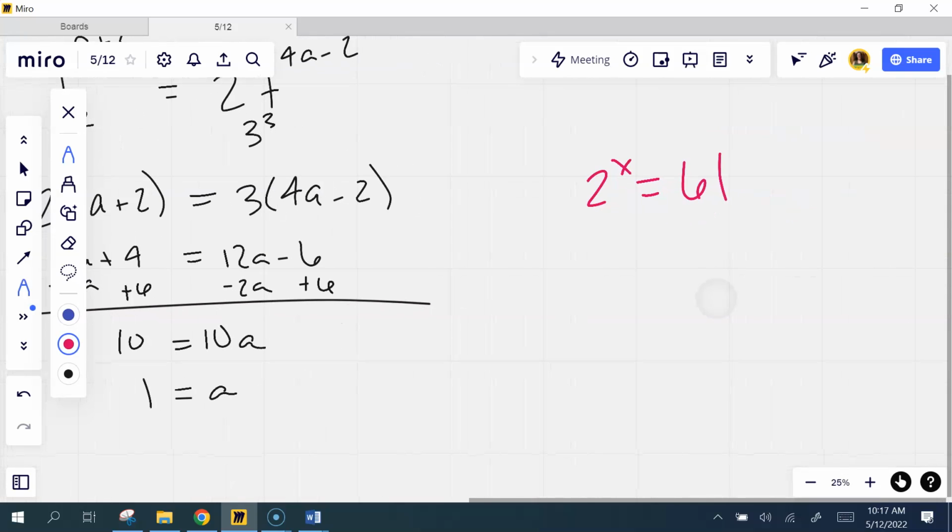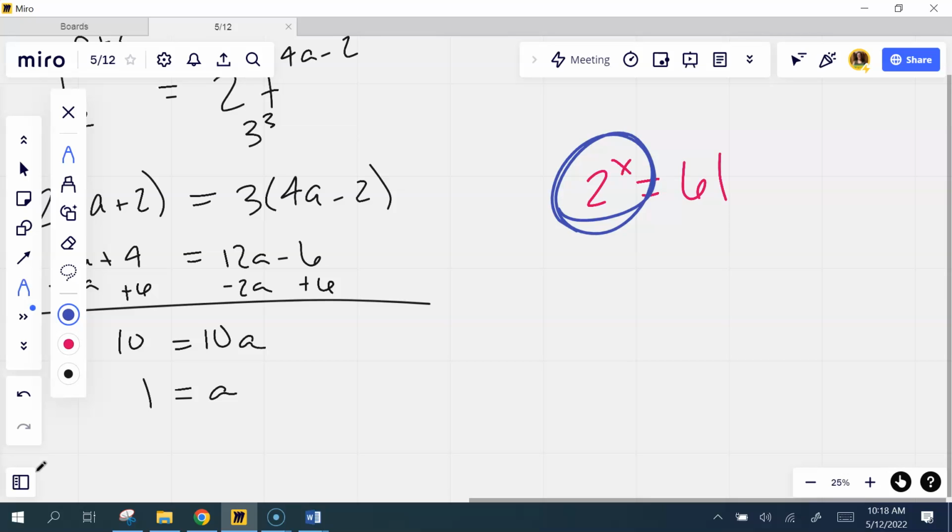Here's what we're going to do. Your steps are on there. First thing we're going to do is make sure we get that exponential piece alone. That's the isolate part, right? So we want the exponential piece just by itself on one side. And in this case, it is isolated, right? Your steps here say take the log of both sides.